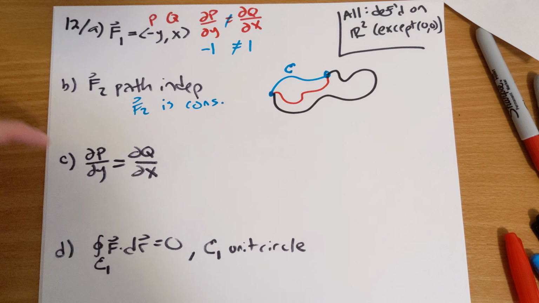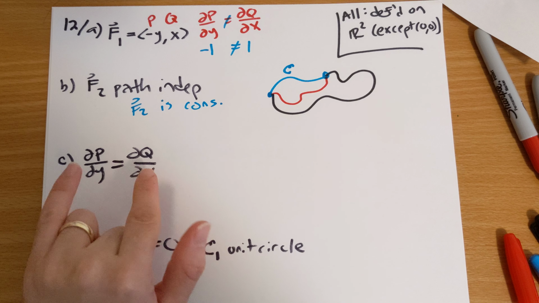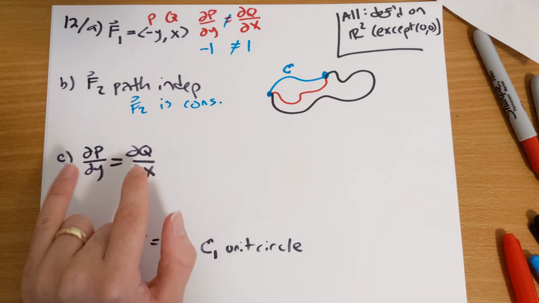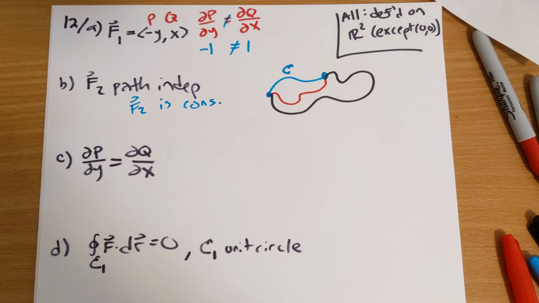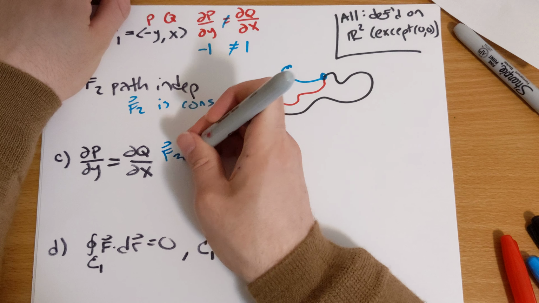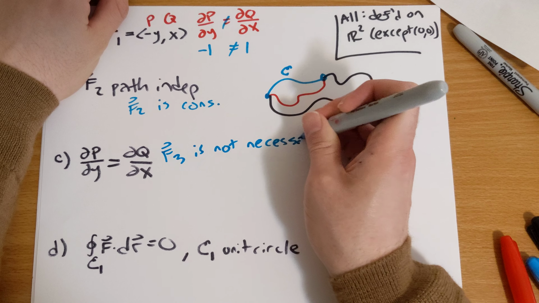For part 3, we're given that F3 is equal to P, Q. Those are just components there. And on the domain D, everywhere except for the origin, we have partial p, partial y is equal to partial q, partial x. And so as it turns out, F3 is not necessarily conservative.